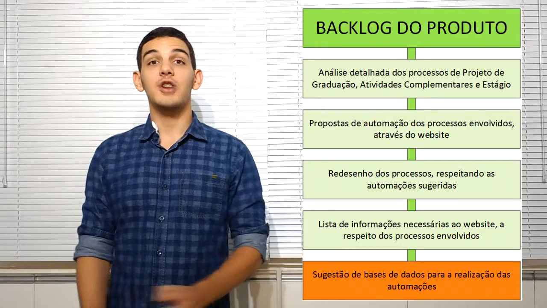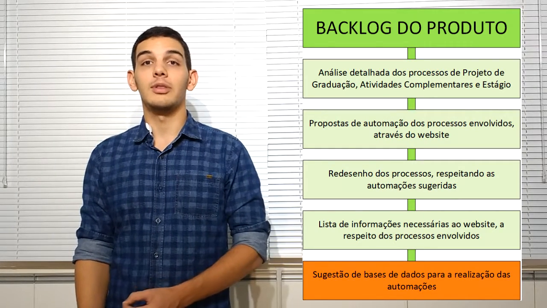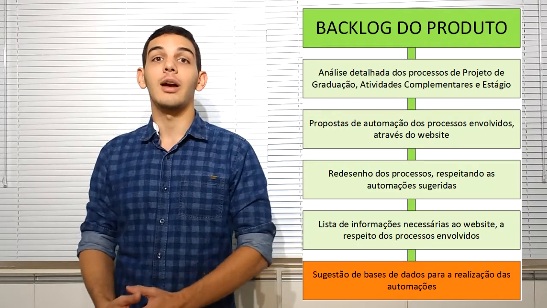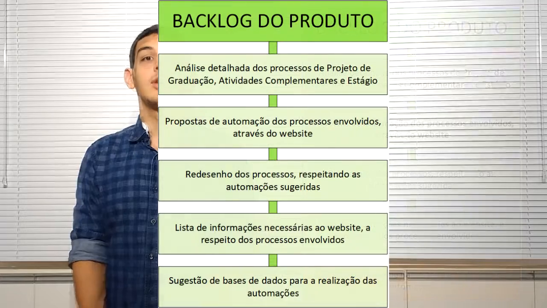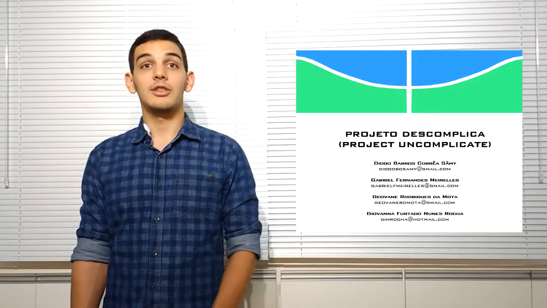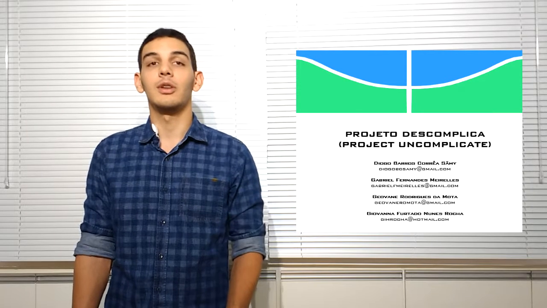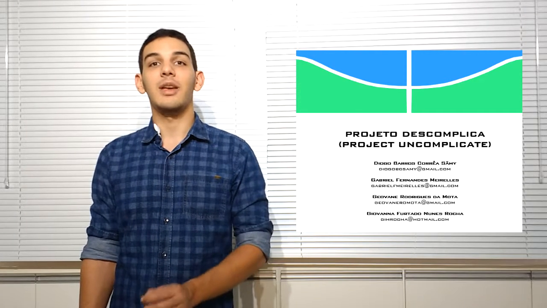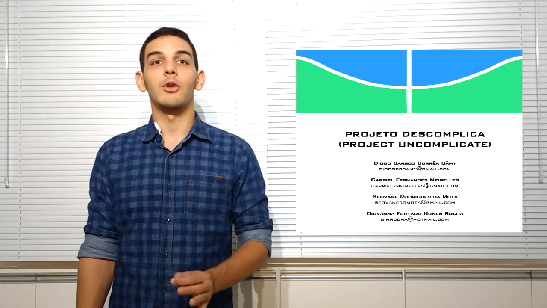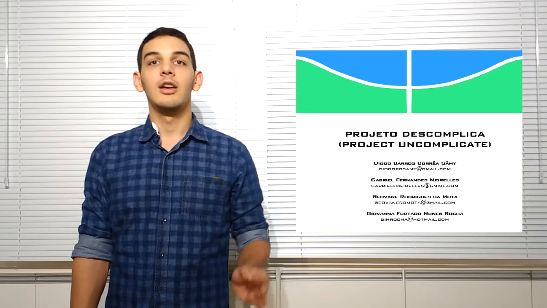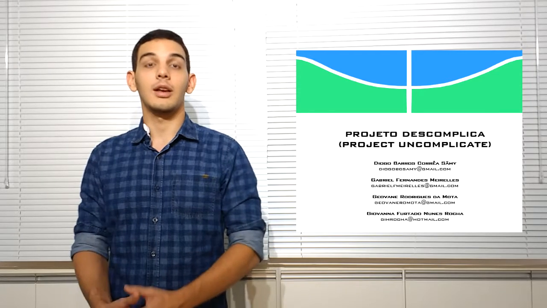In this way, for each option of automation proposal, databases were listed to guide the developers of the website to execution of these proposals. In conclusion, the realization of this study allowed to identify how studies of automation proposals in departments of higher education institutions can be performed, presenting each delivery and stage that this project had so that its goal could be successfully achieved.